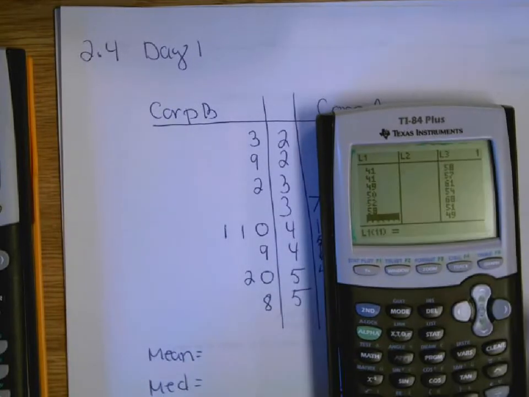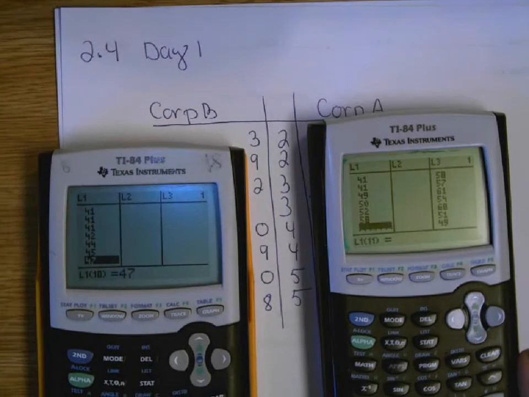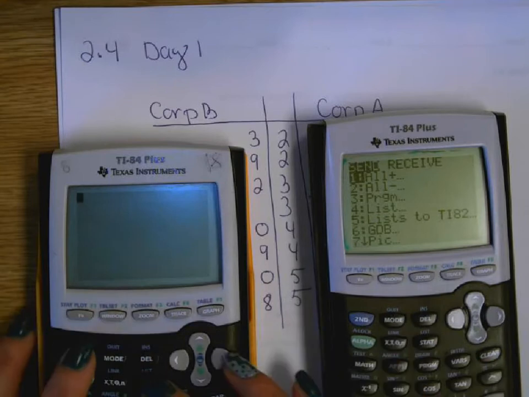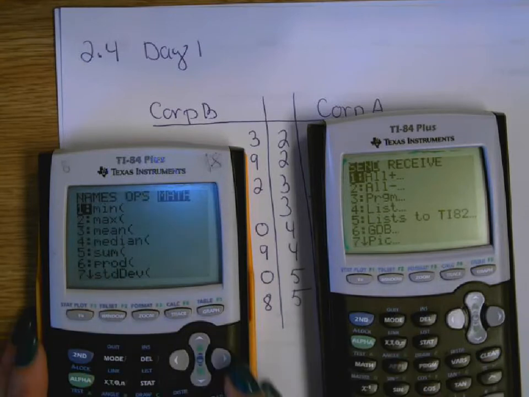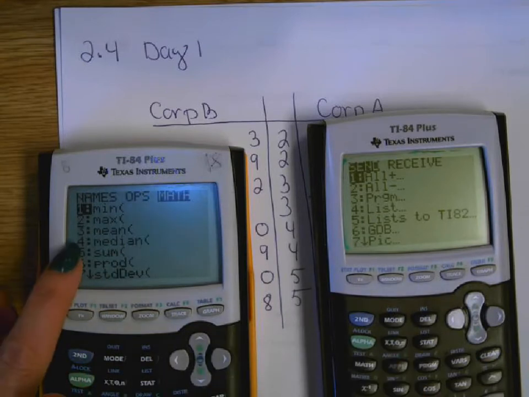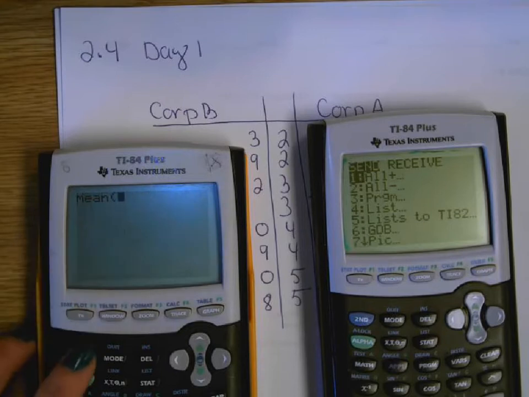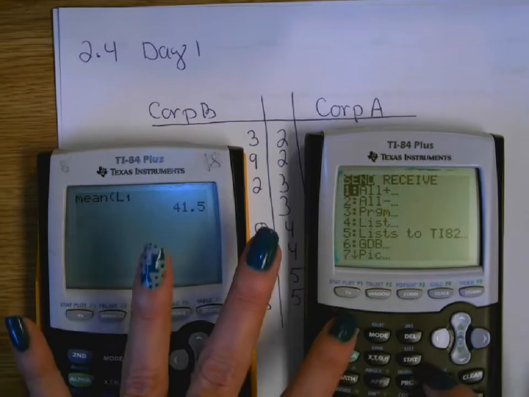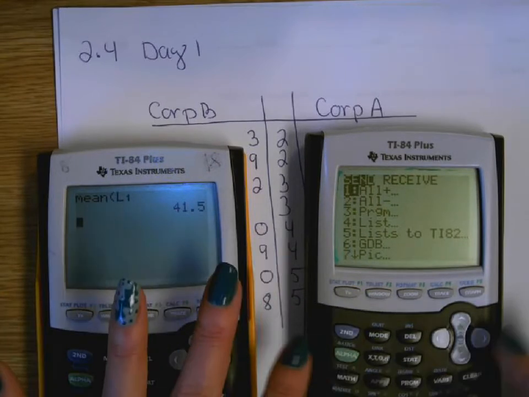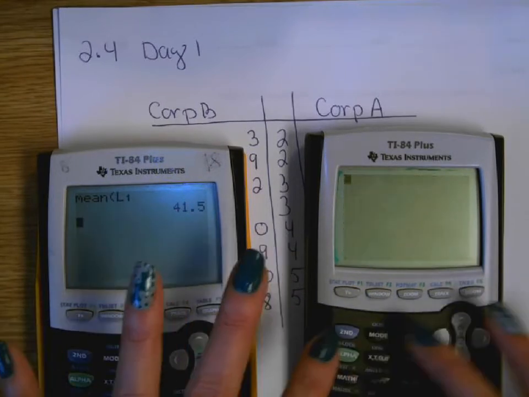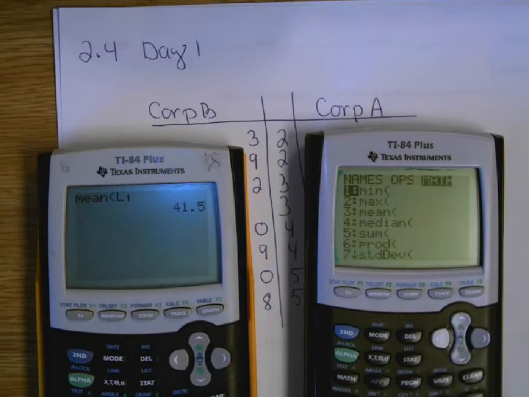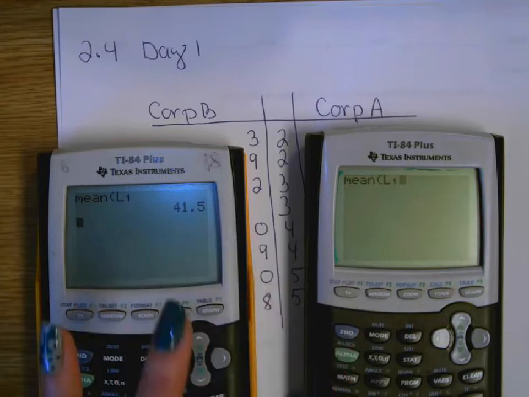I will do both of them at the same time. Here we go into list, over to math. I want the mean salary first for that corporation. Over here, same thing. List, over to math. The mean for list 1.